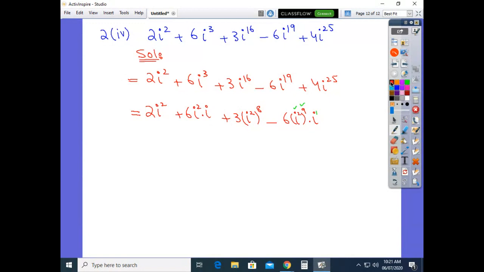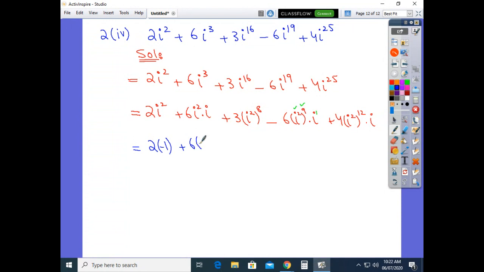Similarly, at last 4, iota square raised to power 12 into iota, which becomes 25, because iota square to the 12 is 24 and 1 iota makes it 25. Now we simplify it.